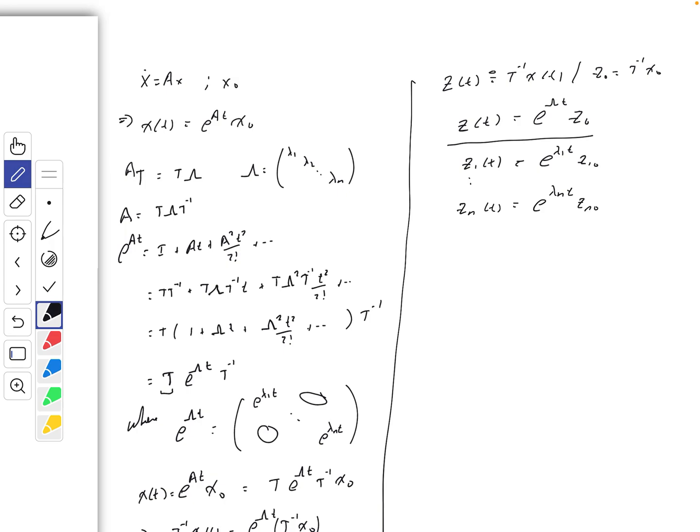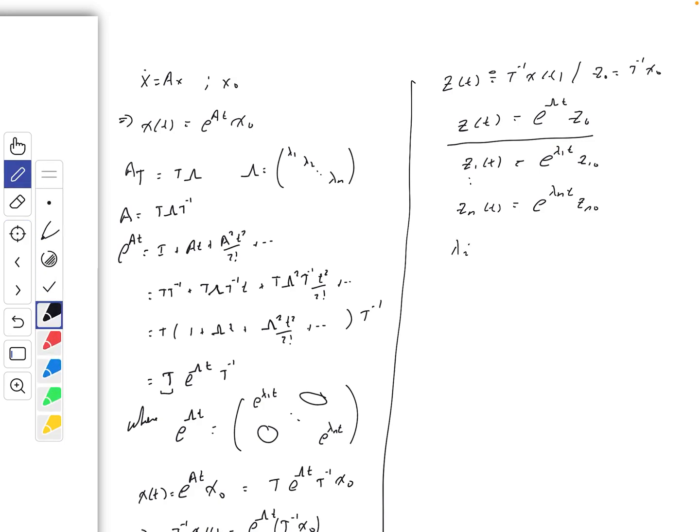So each of these modes evolve. These are actually called the modes of the system. z of t here, these are called the modes, and each mode is given by an exponential decay or growth, and it depends on lambda.